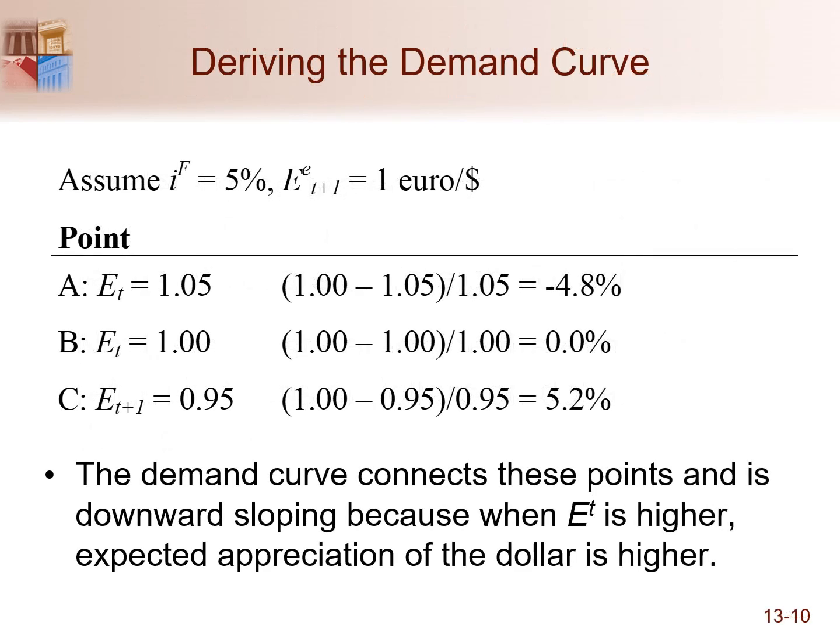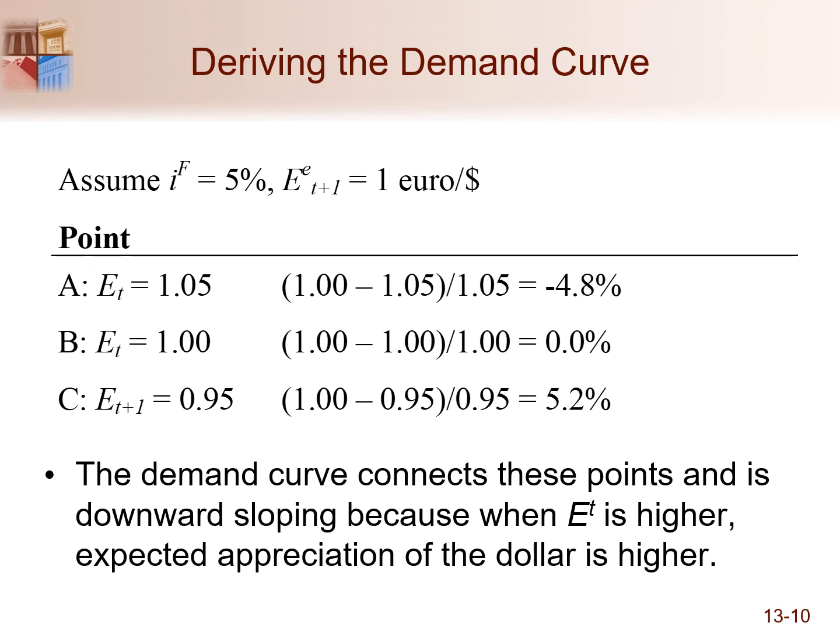Now, when deriving the demand curve, we assume the interest rate on foreign deposits is equal to 5%, and the expected exchange rate is $1 equal to €1. At point A, the expected exchange rate is 1.05.